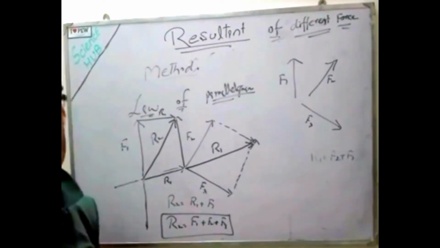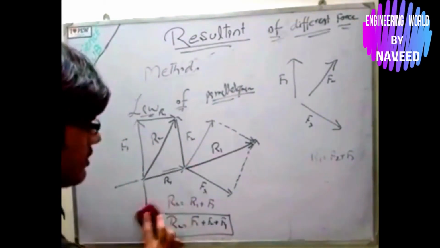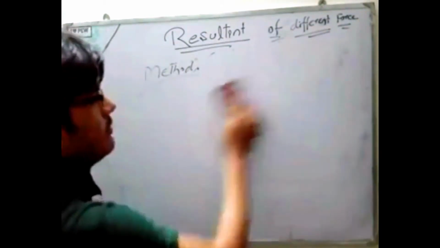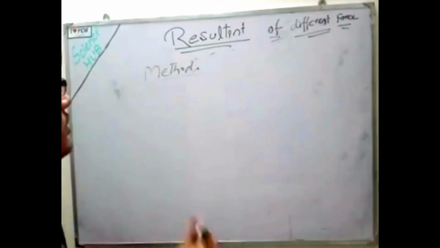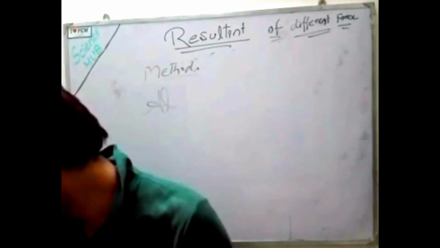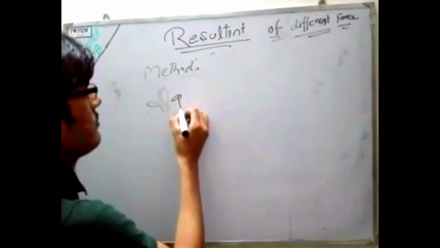So I get the same thing as I got in the graphical method. Now this is all about the second method for finding the resultant of different forces, and that method is the law of parallelogram. Now come toward the third topic, and that method is the algebraic method.